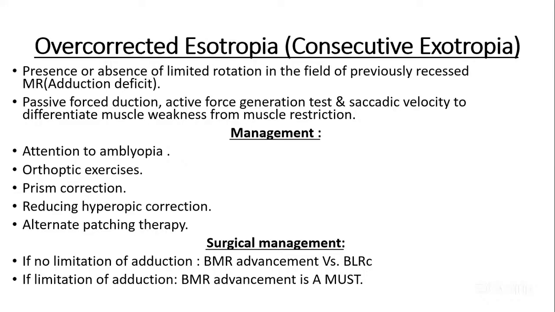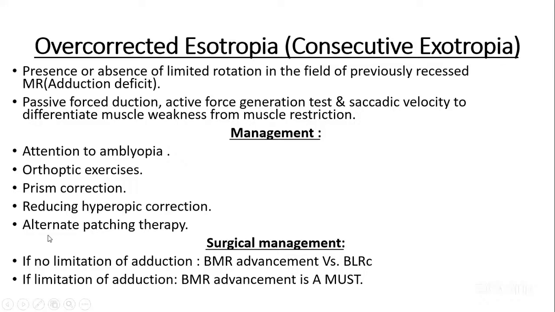What is the primary thing to be done? Cutting the plus. I will give lesser hyperopic correction. So for example, if the patient is having +6, I will give, for example, +4 or +3. So that will help in reducing the exotropia.